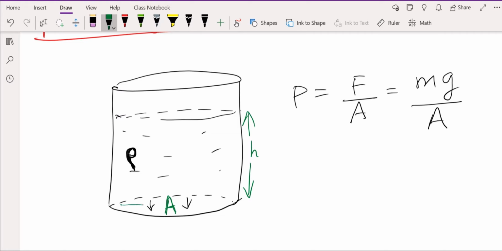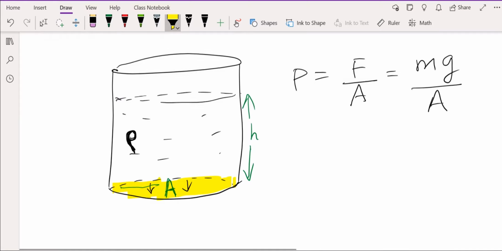The area of the bottom is A, because that whole water is sitting on the bottom area. That's why. You got it? So we only need the contact area, like how much is sitting.